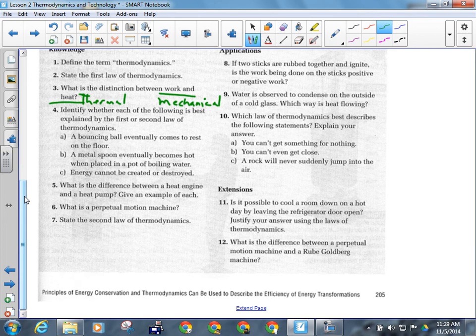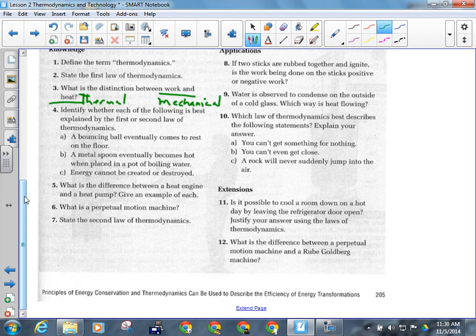The air is comparatively warm, and as a result, the water vapor loses energy to the glass. When it loses energy to the glass, it condenses and becomes a liquid. So energy is flowing from the air to the glass, and condensation is evidence of that.